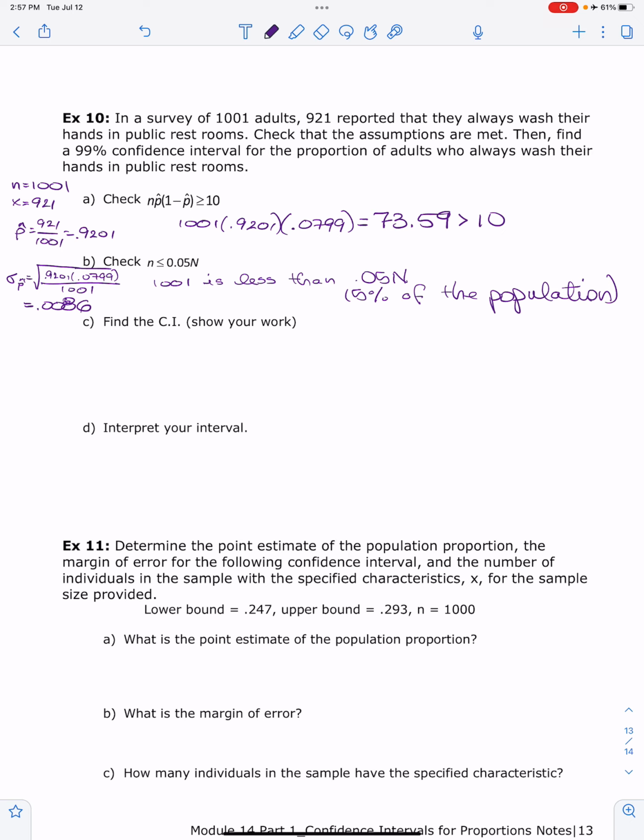Here, notice that we want a 99% confidence interval. So that's a little different than what we worked before.